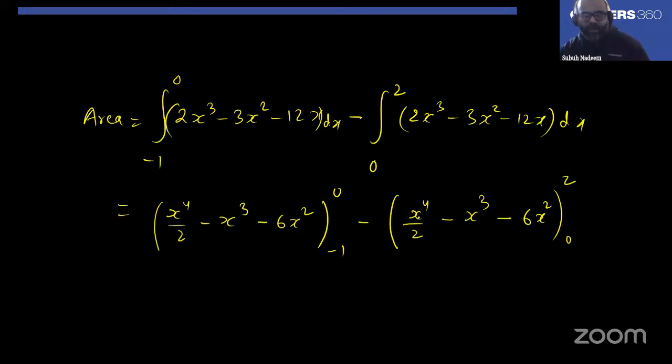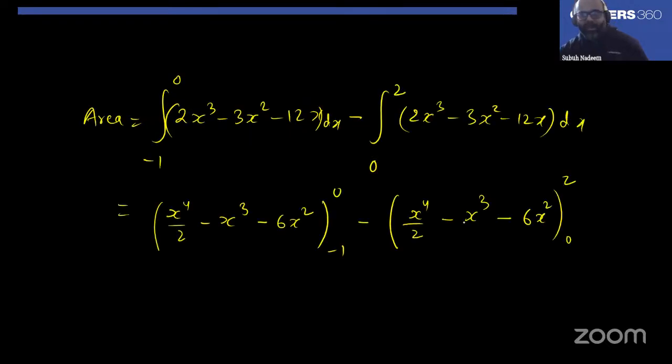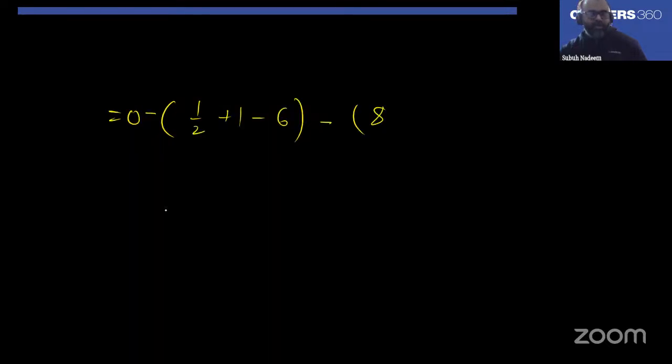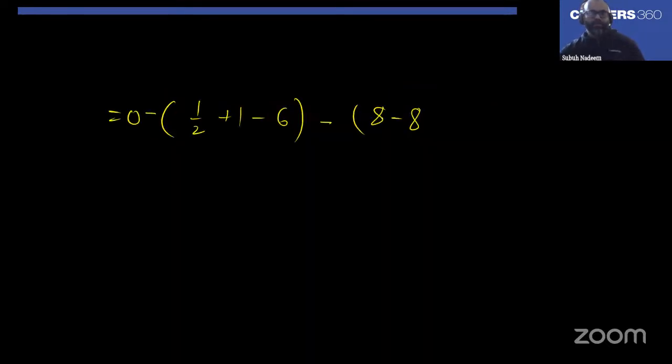This is after putting 2, 16 by 2, that will be 8. And then 2 cube is also 8. So minus 8. And this will become 24, minus 24. Another term will be 0 after putting. So this becomes minus 5 plus half. So minus 9 by 2. Overall, it will become plus 9 by 2.